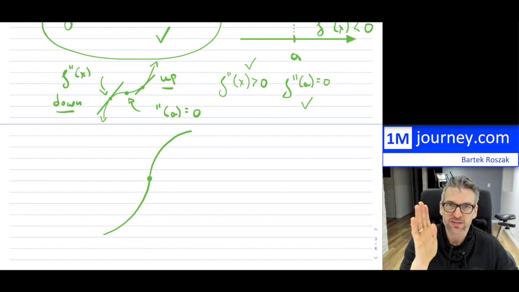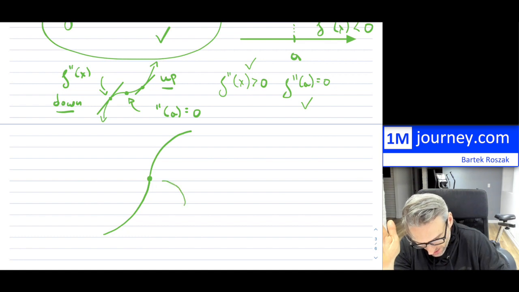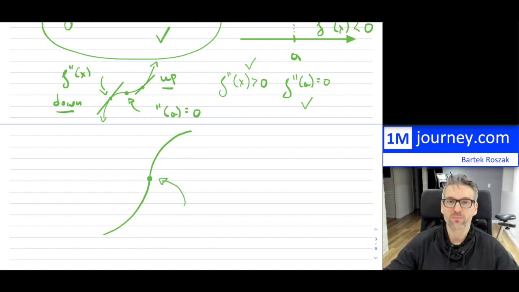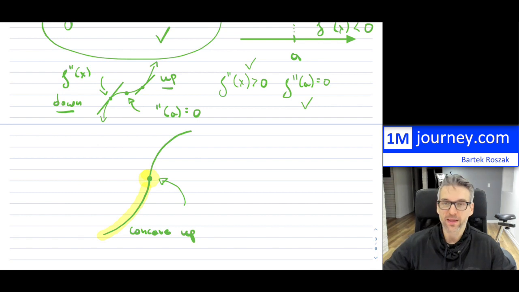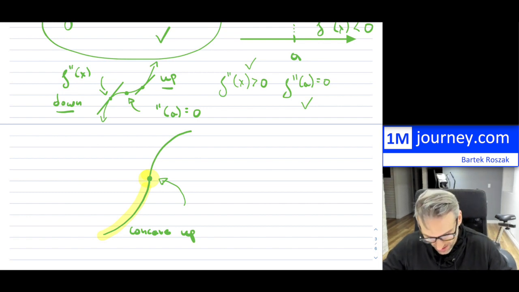But this particular point, if you're thinking about your first derivative, that's interesting. So what would that actually mean as it's switching? This is concave up on this path. Then it hits this point, where your second derivative is equal to 0.